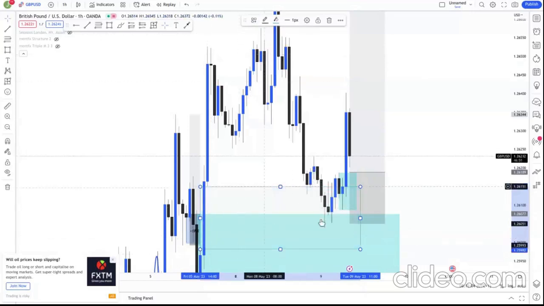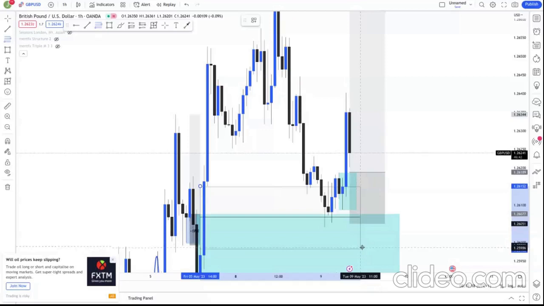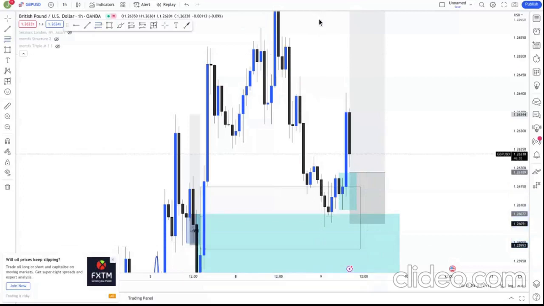And let's use the fib, 50% fib. Yeah, that's filled more than 50% of the imbalance. Even more confluence that we might start seeing price marking up.